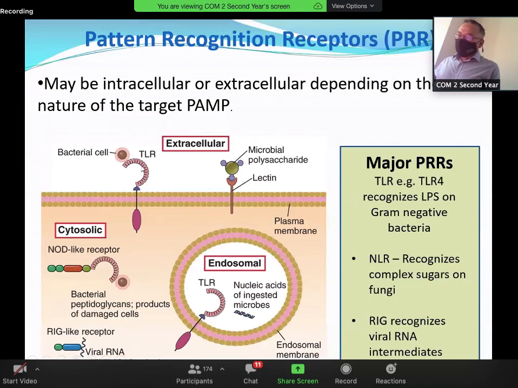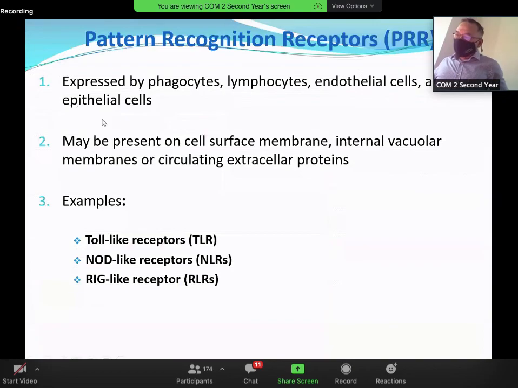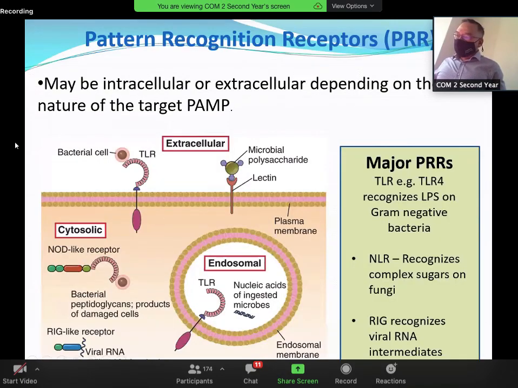So the biggest group of PRRs are the toll-like receptors. There are something like 14 different species of TLRs. Some of them are present on the surface, some of them are present within the membranes of intracellular vacuoles.